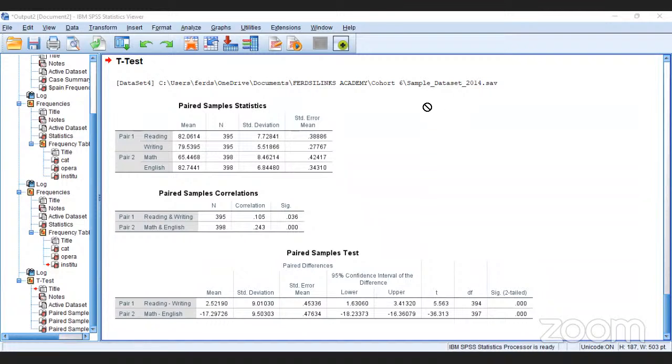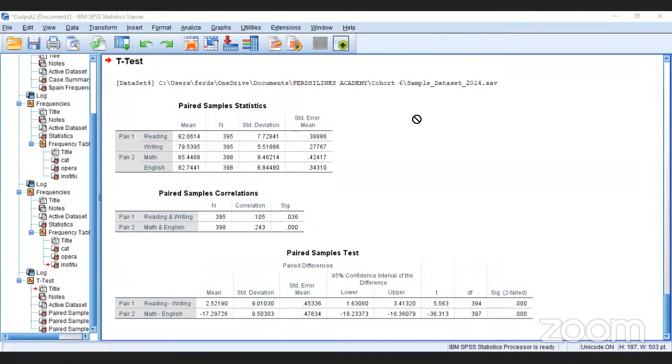So this is all we can say with respect to the paired sample t-test. As a recap, we use the paired sample t-test when we have related variables, related measures, related groups, right? In other words, if we have measured and we discover that the observations have repeated measures, we can use the paired sample test.